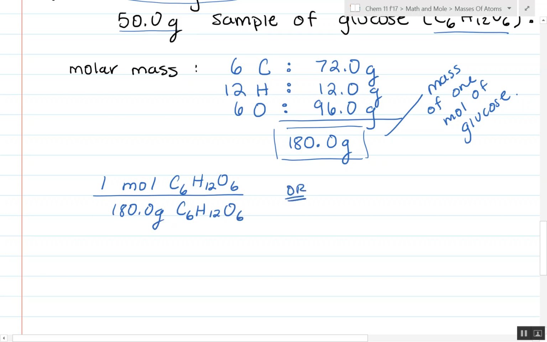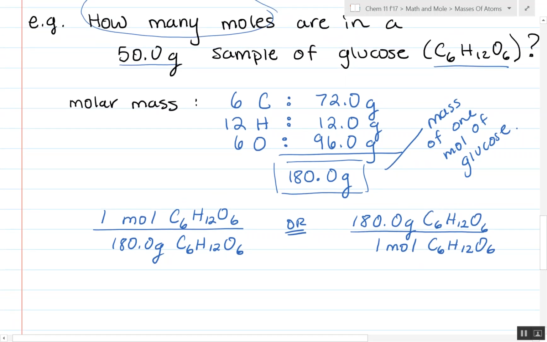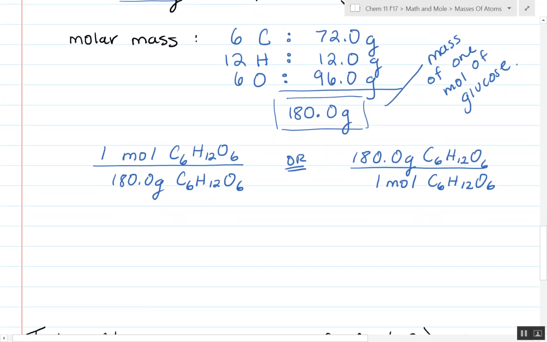Or I can create a unitary rate to solve for grams. So it would be 180 grams of glucose in 1 mole of glucose. Because we're looking for the number of moles in this question, we would want to use the first unitary rate. So let's go ahead and do that.